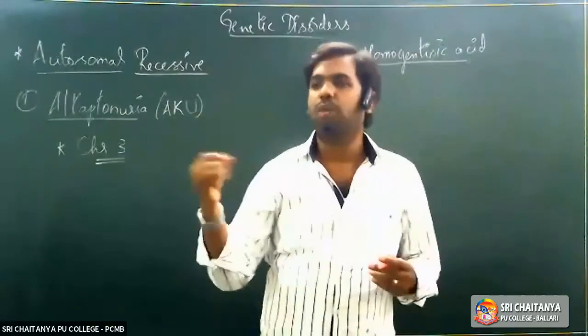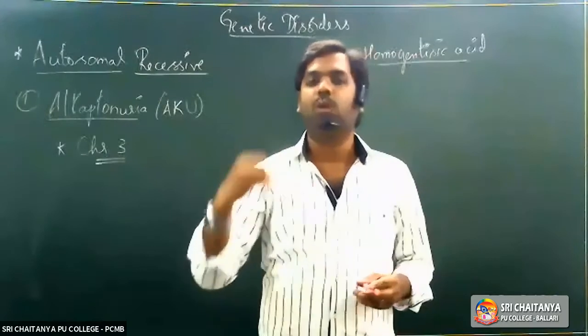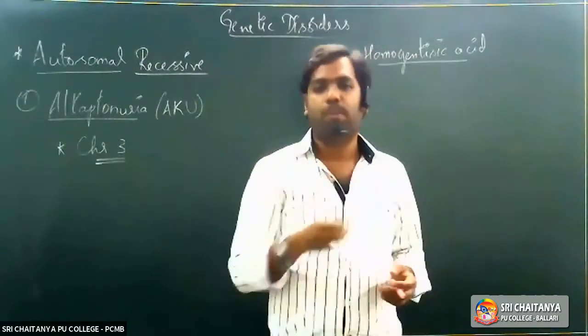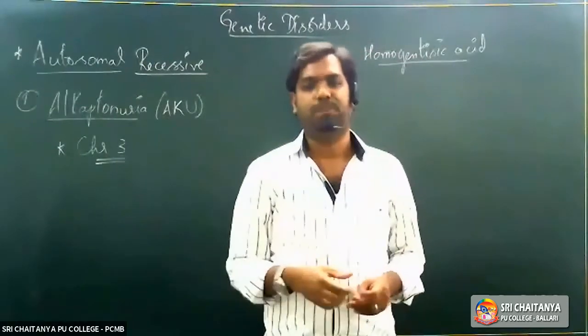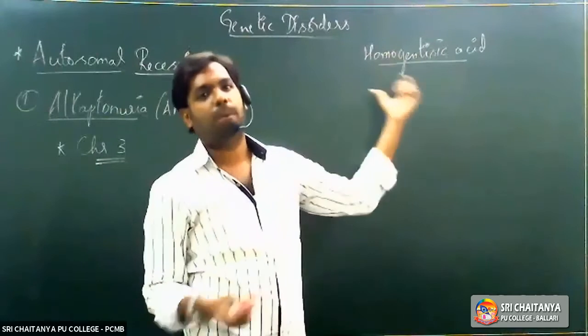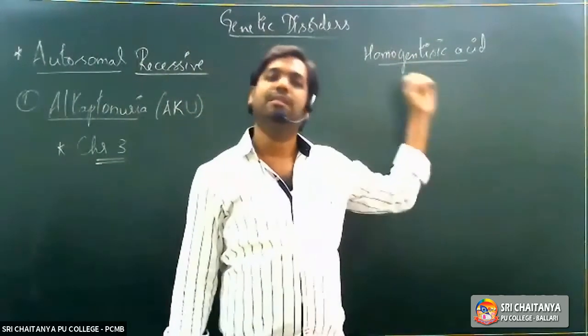So whatever toxic substances are formed in the body, they are actually converted into a non-toxic or rather less toxic form before they are eliminated out of the body. So here also, similarly, we have a toxic compound called homogentisic acid, which is being synthesized in the body.